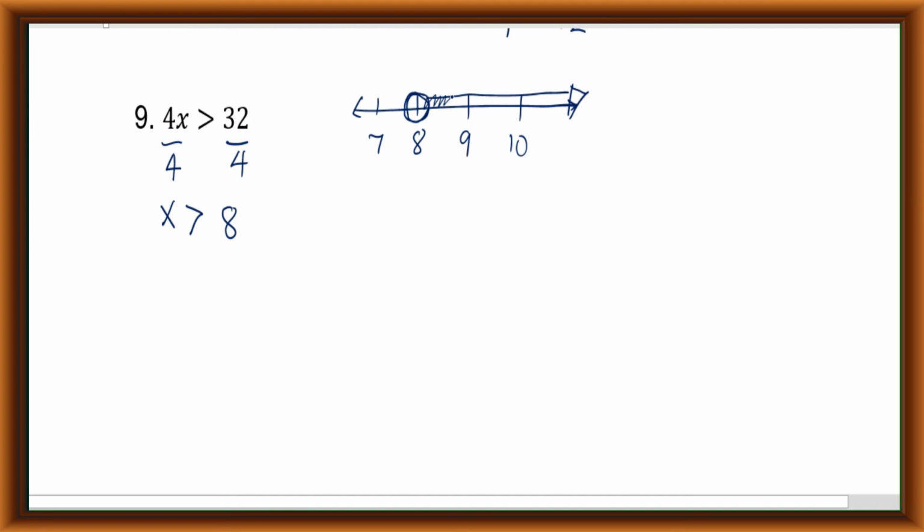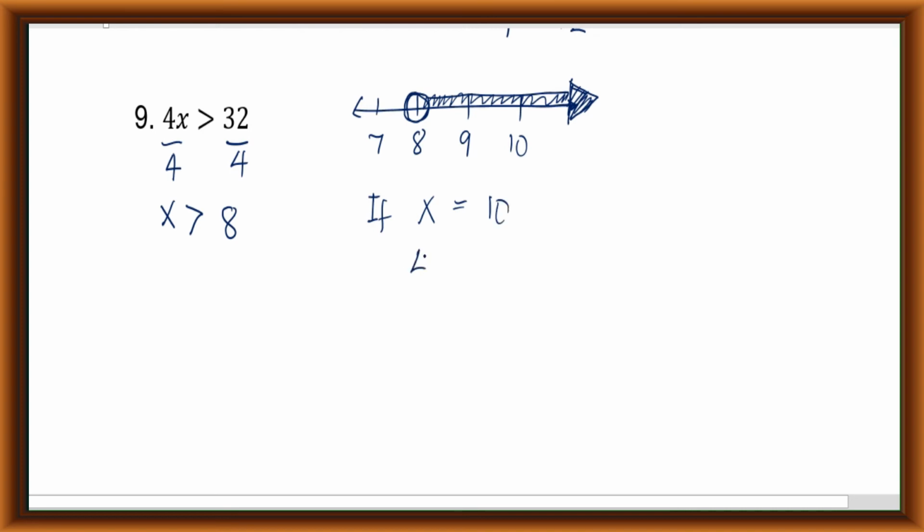Don't forget to shade. Alright, so this is the graph. So we have x is greater than 8. Now, to check whether our answer is correct or not, let's choose a point, say for instance, x is equal to 10.